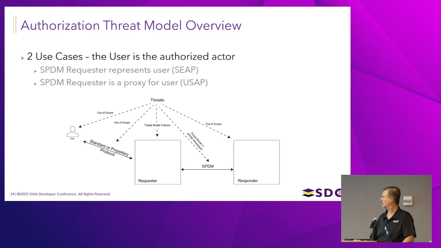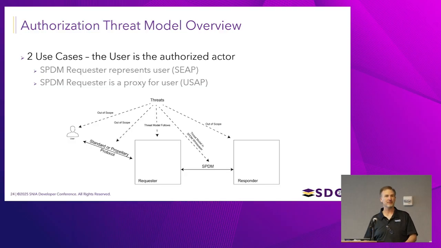Just a couple things about the authorization threat model. We ended up having to look at two different ways of who is the endpoint talking to in authorization, because that's really the fundamental question: who are you authorizing?